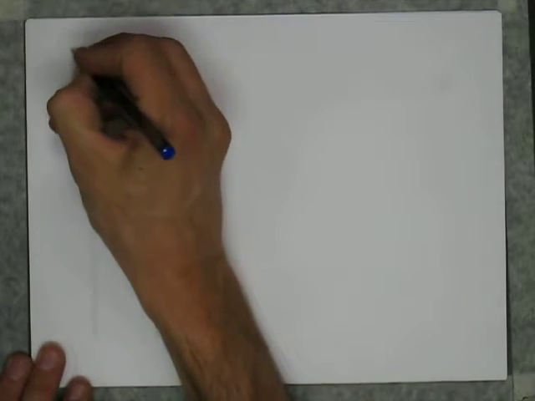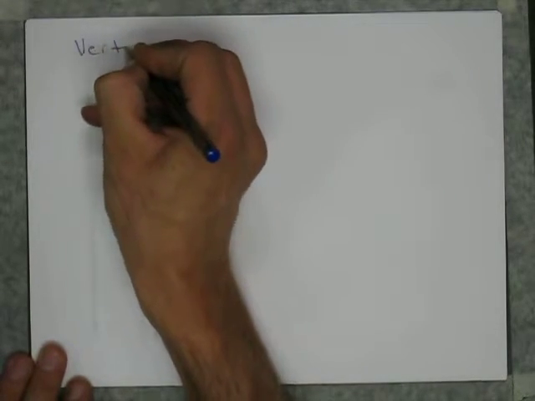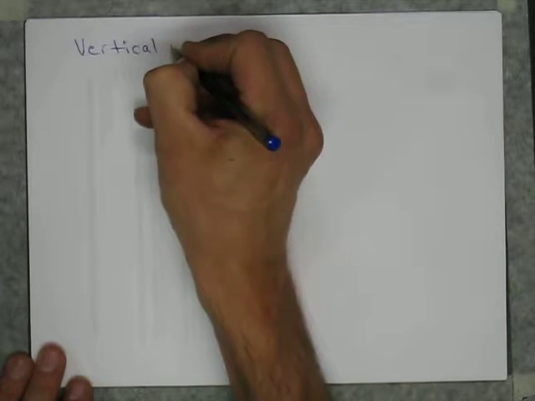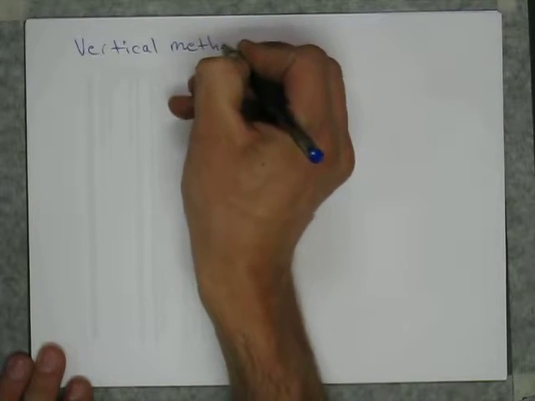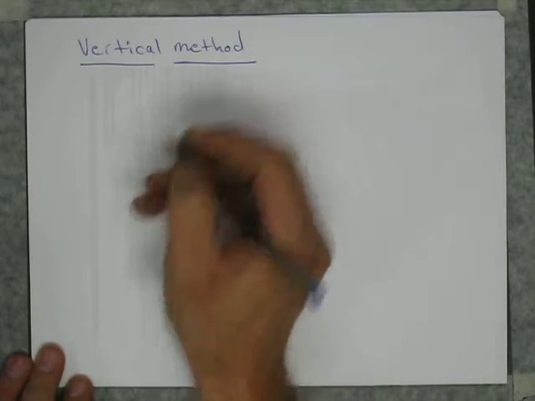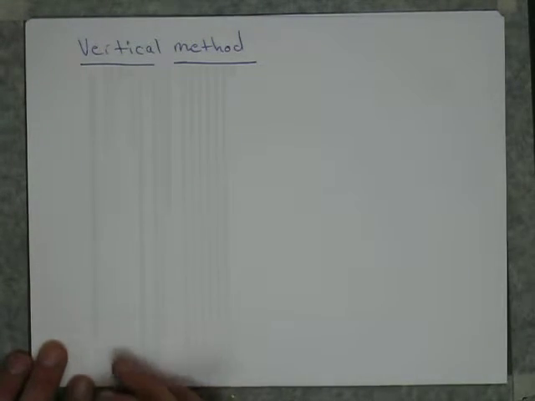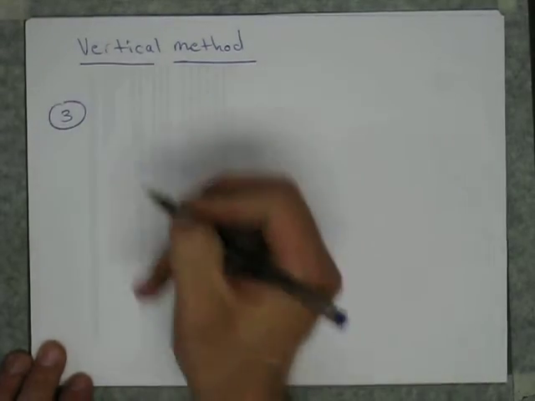what about a vertical method? And I don't usually show this, I only show it because the book has it, and some people like this method. You can use it, but you won't see it in the book very often after this lesson, so this will be number 3.